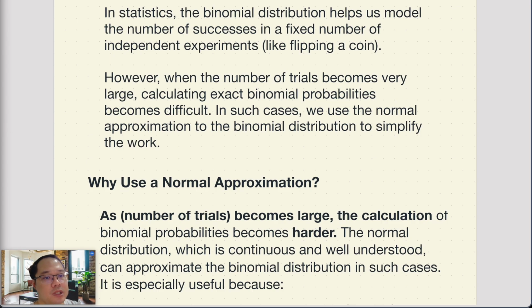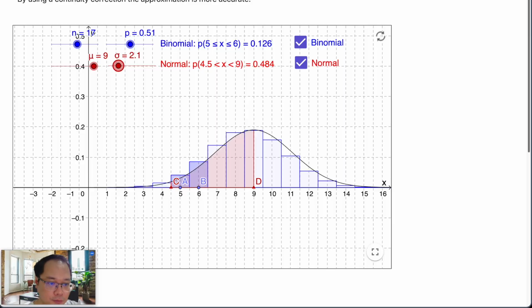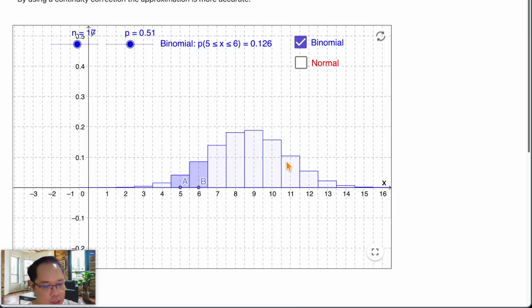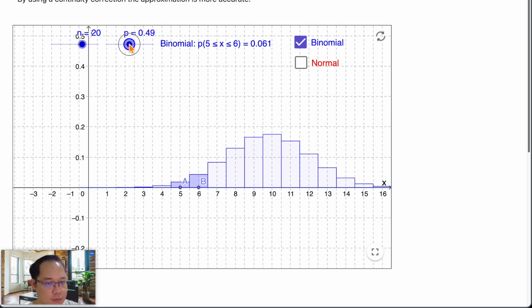Let me show you with a simulation. These columns represent the probabilities of a binomial distribution with the number of trials 17. I can change it to 20, and the probability 50%, 0.5.